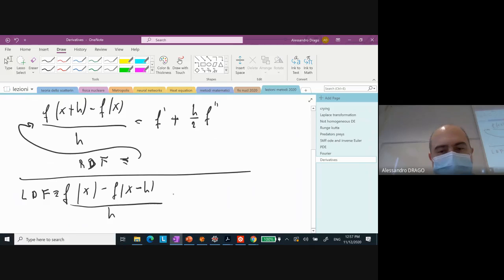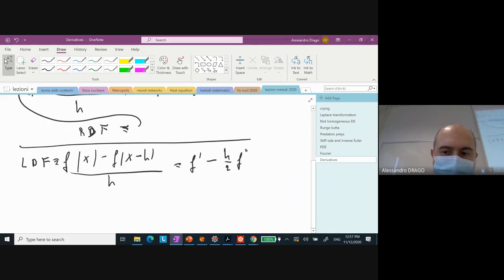Also this one is essentially the same, will contain an f prime, and probably here I get minus h half f second, meaning that again I have an error of order h.